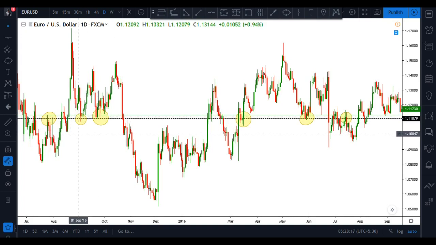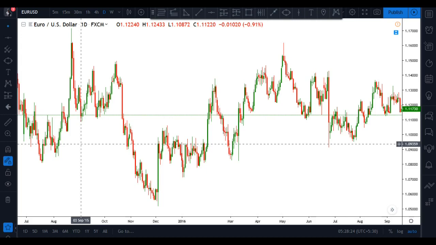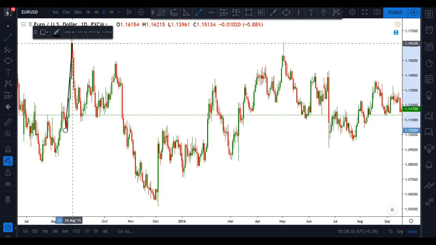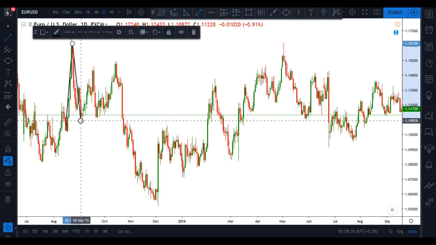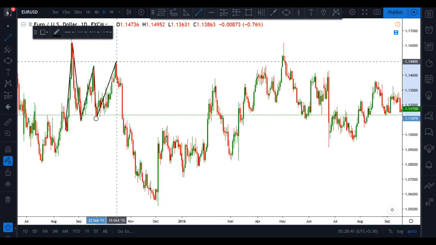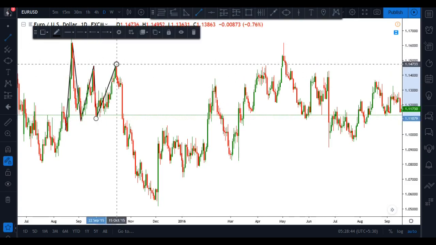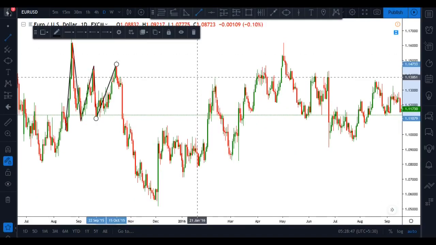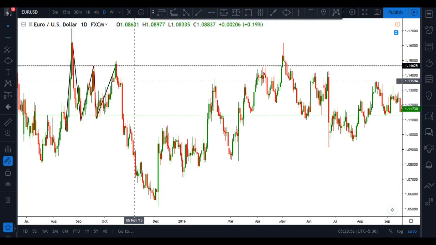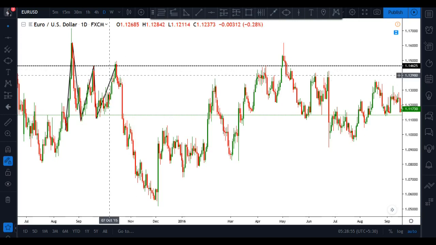Now let's talk about what a resistance level is and what a support level is. Now you can see that the market is making various movements everywhere. If I place a horizontal line at this point, as you can see, each time the market reached this point, it has pushed to the downside.